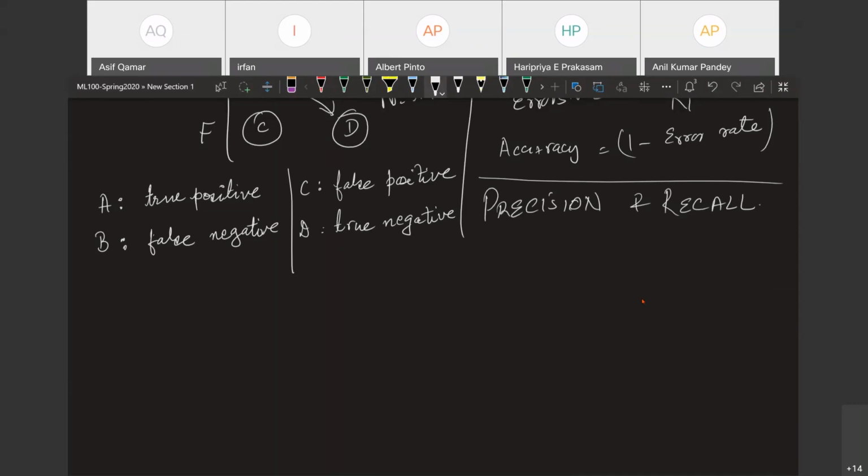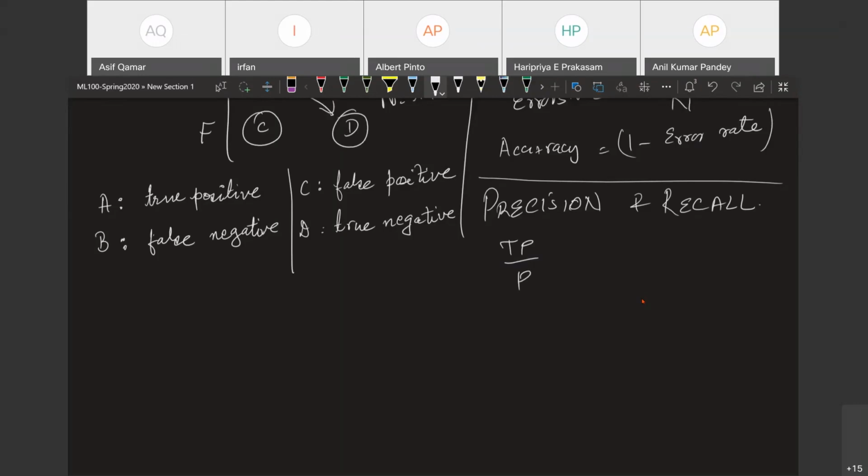So what is precision and what is recall? Precision is the true positive over the positive test cases.